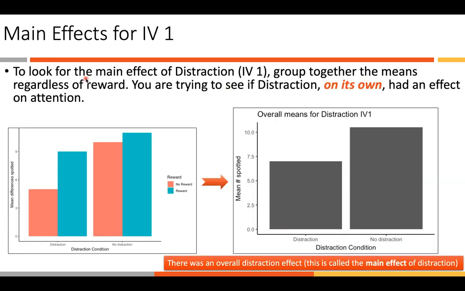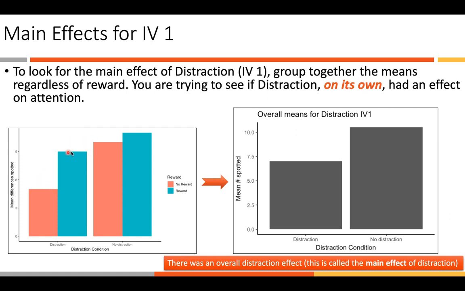So if we want to investigate the main effect of distraction, remember that we average across the other independent variable. The other one is reward. So what that means is that we pretend like reward doesn't exist. We pretend like the different colors don't exist.